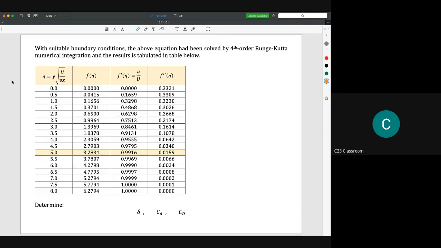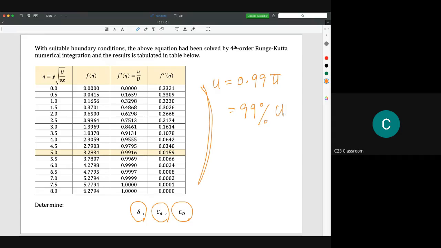And then from this table, normally you will be asked to calculate the value of delta, the value of the local drag coefficient and the drag coefficient. So the first step is you need to find the location where u is 0.99 capital U, because this reflects 99% of the free stream velocity.